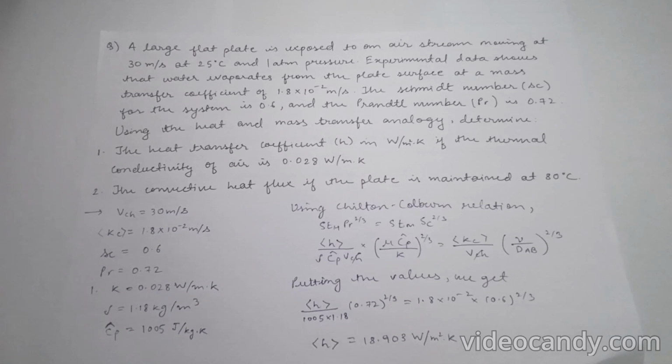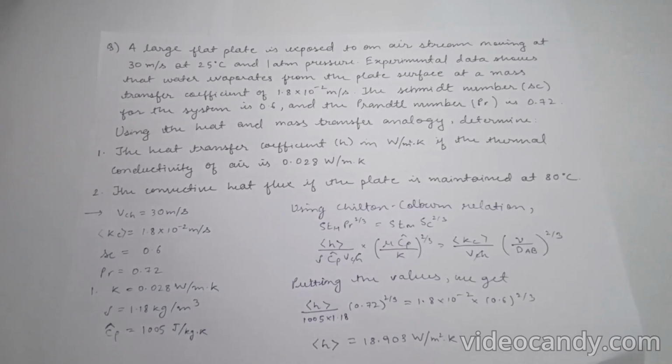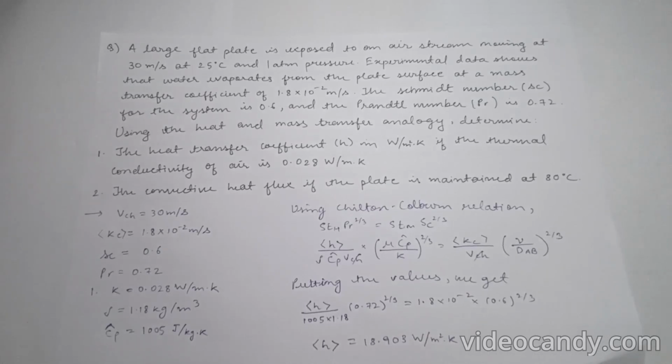Before moving to the first part, let's once again understand the question. We have been given a large flat plate which is exposed to an airstream moving at 30 meters per second. So we have been given the bulk velocity of the airstream, which is moving at 30 meters per second at 25 degrees Celsius and 1 atmospheric pressure.